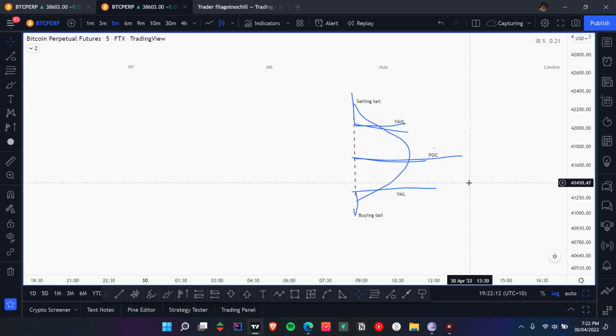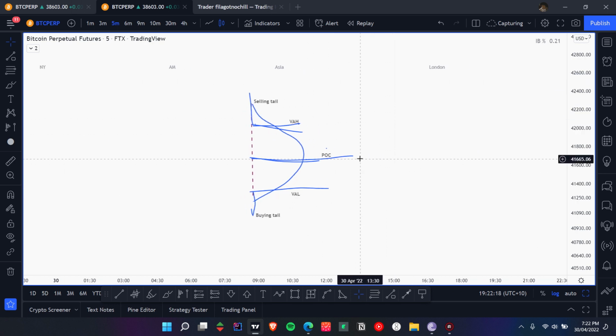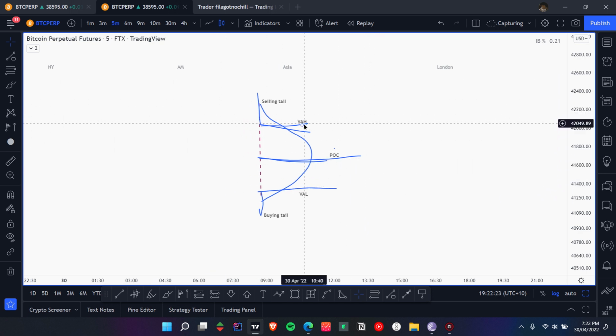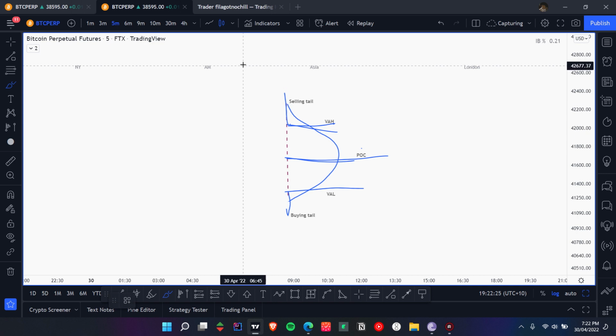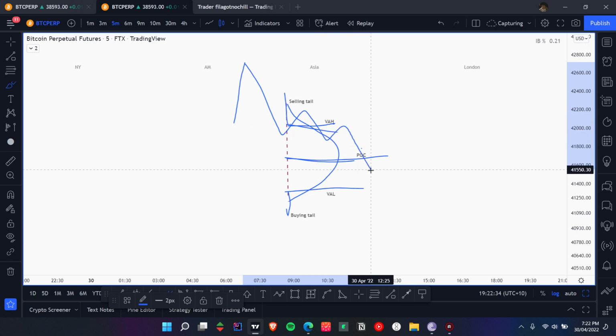Now price might start from anywhere within this value area in the next session. So our bias should be formed based on the market structure that has been occurring previously. Let's say price has been creating lower lows, then price came here, retested the value area high, just like support and resistance.